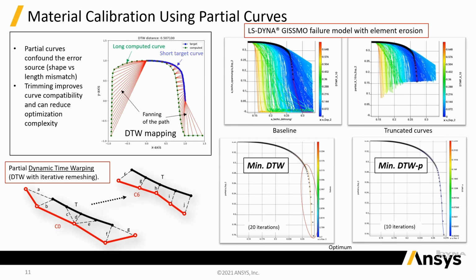And so if you look at the top right, you can see the effect of that. What you see there is a result of using the so-called Gizmo LS-DYNA material model. It's a failure model, so it can model the fracture. For instance, if you have a tensile test, you get fracture, and so the two parts of the coupon that you're testing can separate.